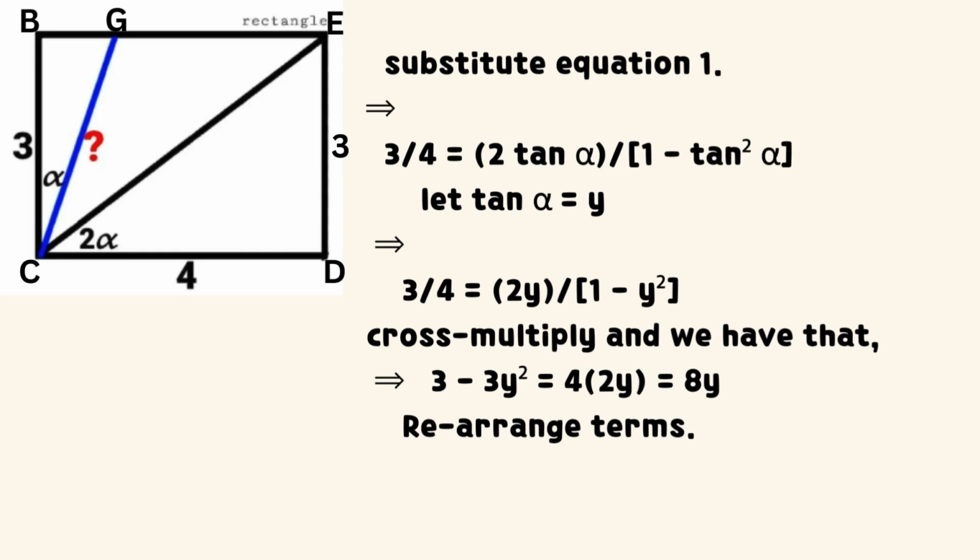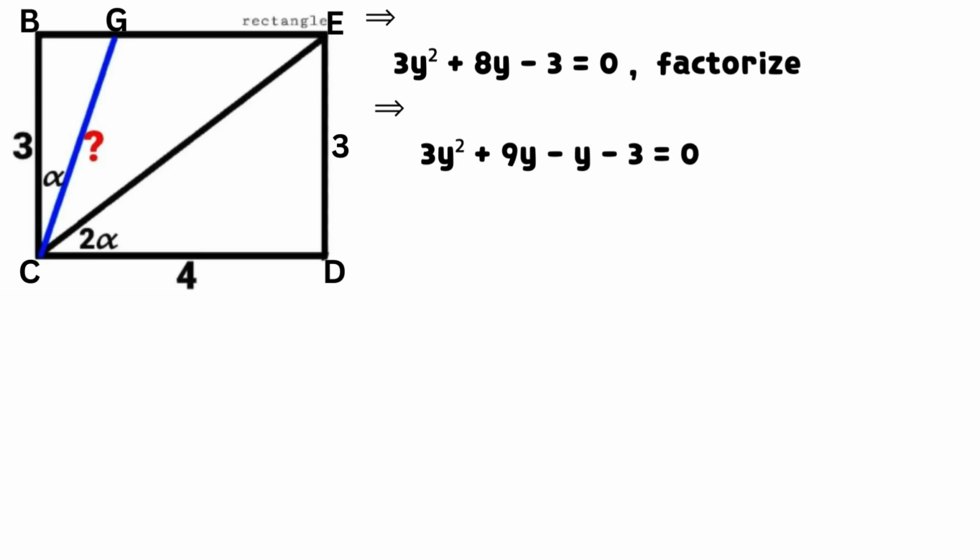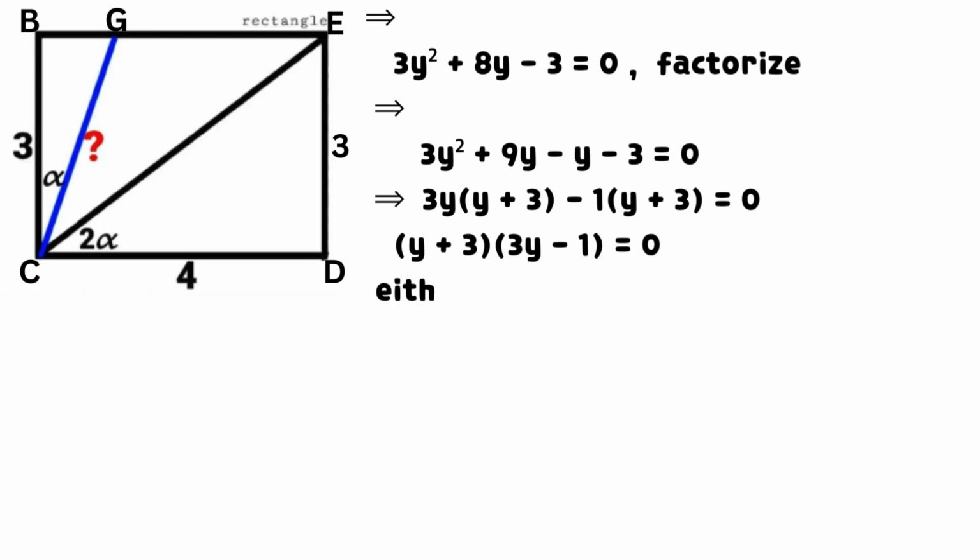Cross multiply and we have that 3 minus 3 times the square of y equals 8 times y. Rearrange terms, and we have that the sum of 3 times the square of y and 8 times y minus 3 equals 0.